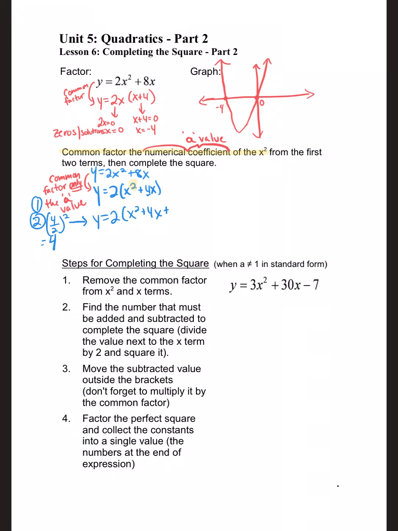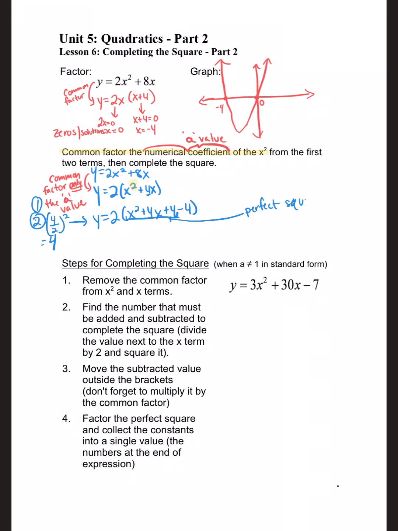So I'm going to add 4, and I'm going to subtract 4. I'm working to create that perfect square trinomial. These first 3 terms are going to be my perfect square trinomial. That's what we're trying to create when we complete the square.